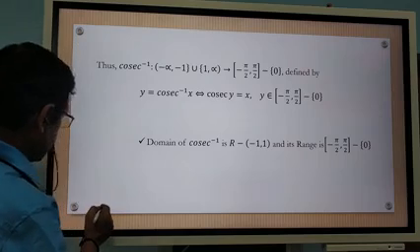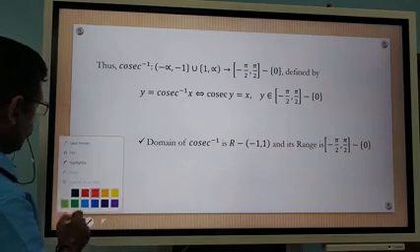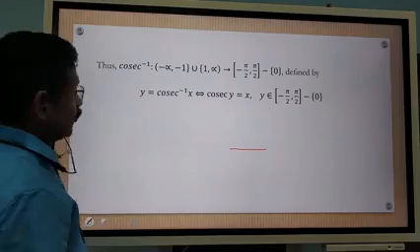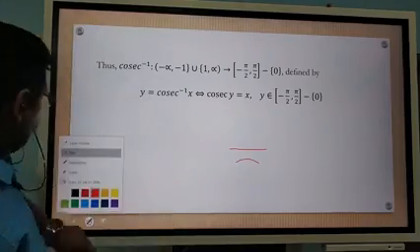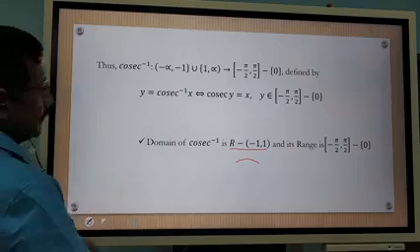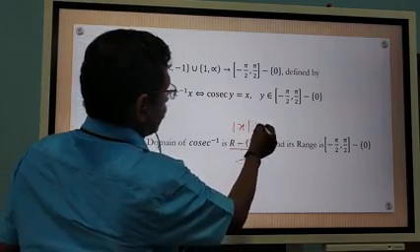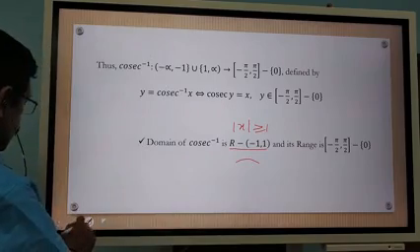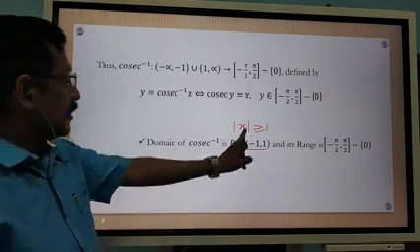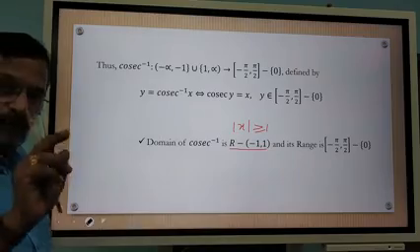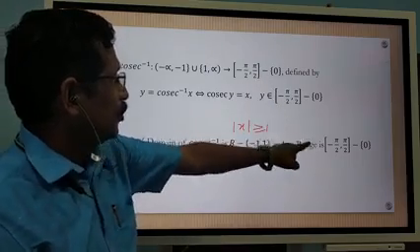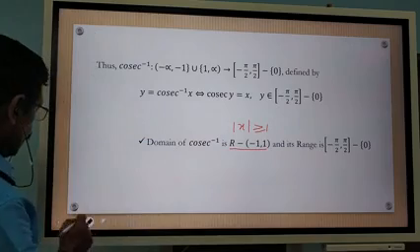So the same domain can also be written as R minus the open interval minus 1, 1, otherwise modulus of x greater than or equal to 1, and range is minus pi by 2 to pi by 2 minus singleton 0.